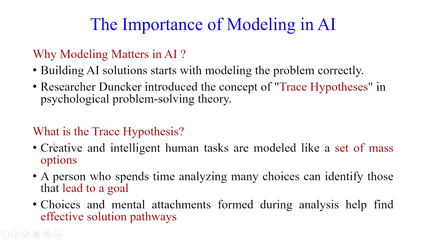In AI terms, this is very similar to how search algorithms work, exploring the paths, eliminating the dead ends, and finding the optimal route to the solution. So the foundation of AI modeling is rooted in how humans naturally think and solve problems.